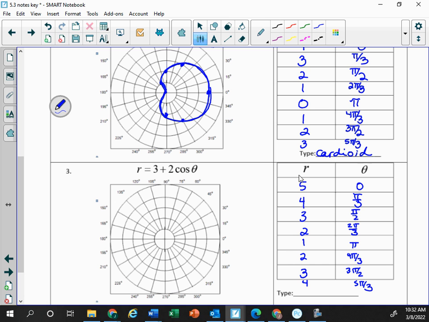You can look up here and check the chart when you're ready. It's a lovely pattern for you.